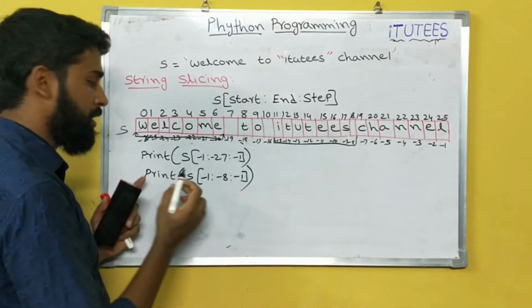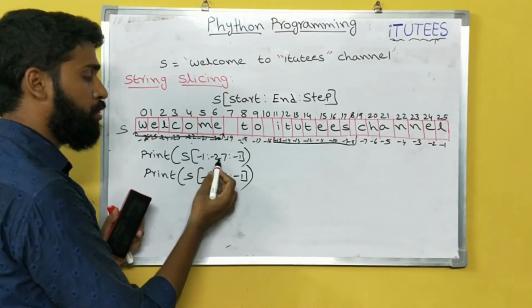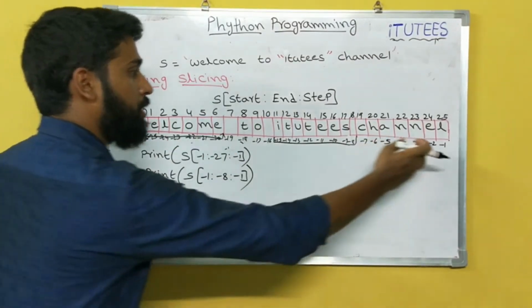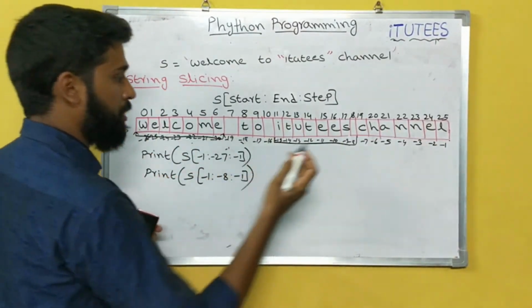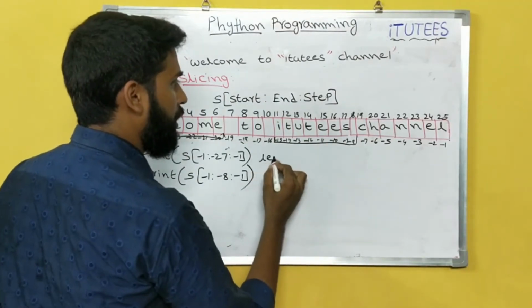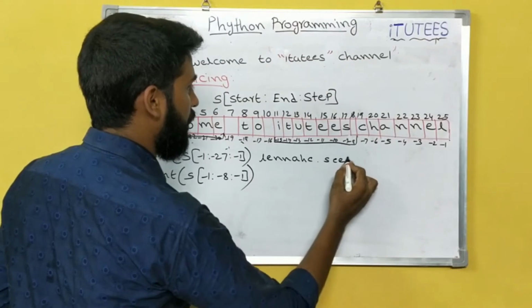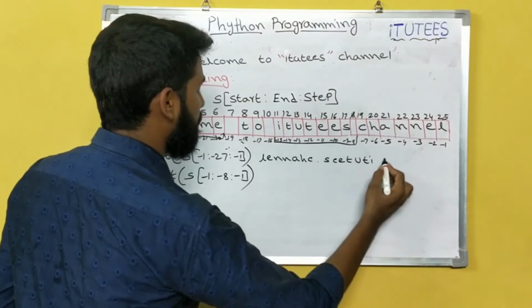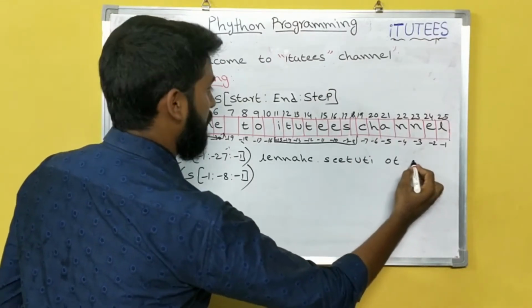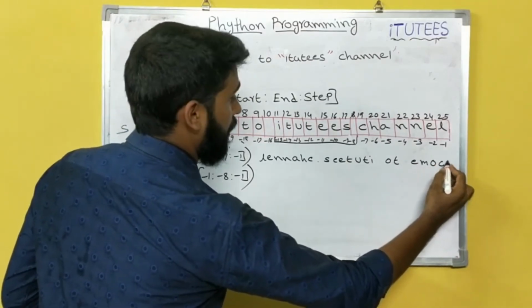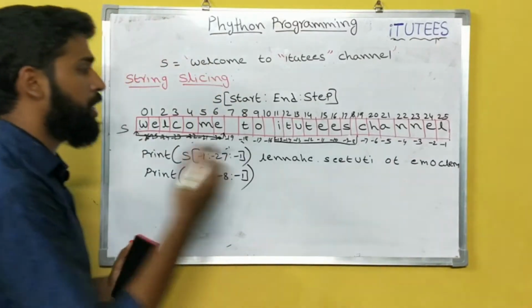So what is the output of this? S of -1 to -26. So -1 to -26. What is the output? LENNAHC space SEETUTI space OT space EMOCLEW. So this is the output.